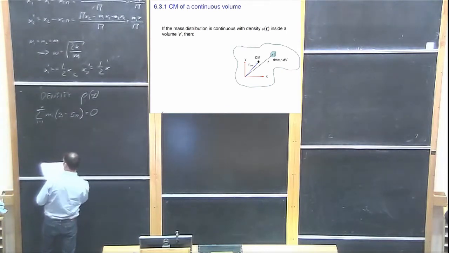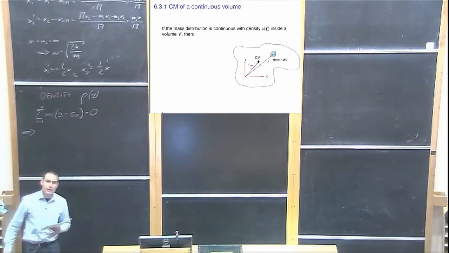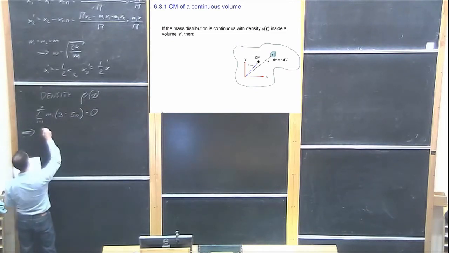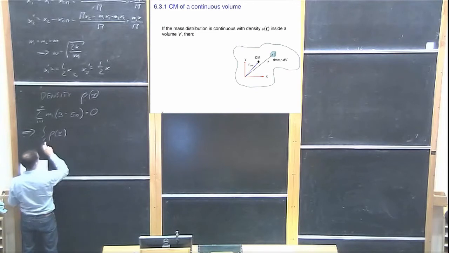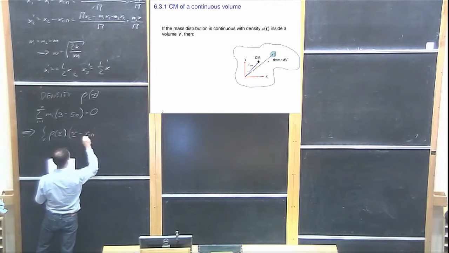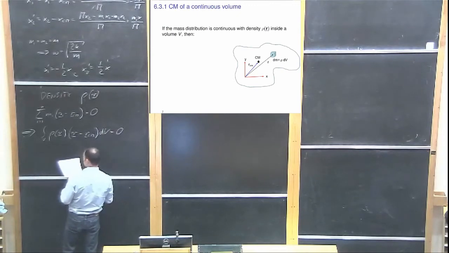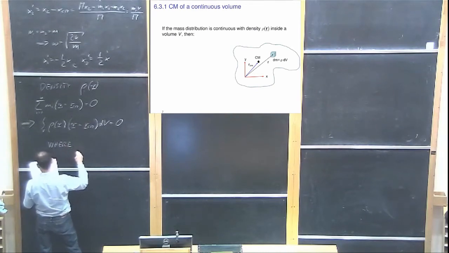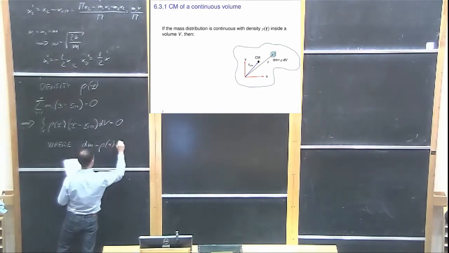Now this sum, if you go with small enough mass elements, becomes an integral, and we move out to a volume integral. So we start integrating over volume, density at point r minus r_cm dV, we integrate over the volume, equals 0, where this dm equals rho(r) dV.